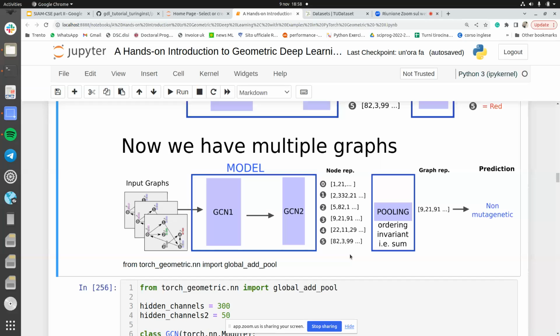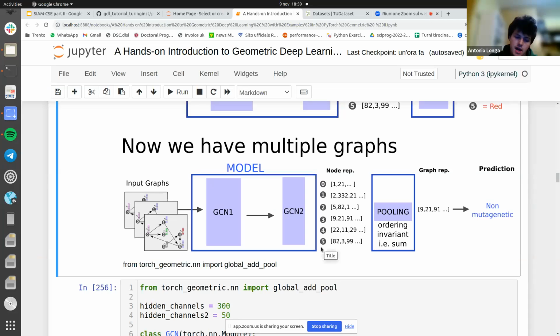Does multiple graphs have something to do with a more complex dataset, when the dataset will be a bit huge? Yeah, not only huge, but it may also be another problem. Let me think. Another problem of graph classification different from bioinformatics. Okay, suppose that you have meshes of animals, okay?